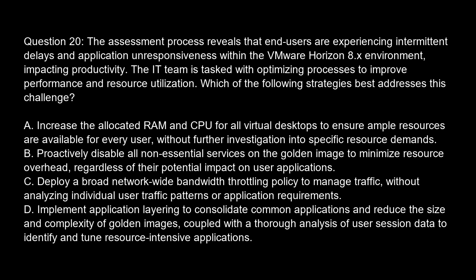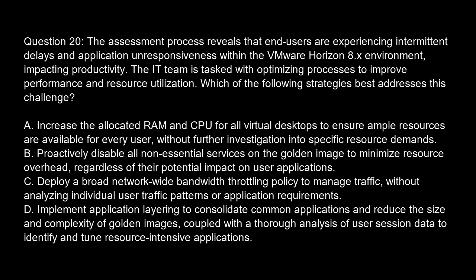Option A. Increase the allocated RAM and CPU for all virtual desktops to ensure ample resources are available for every user, without further investigation into specific resource demands. Option B. Proactively disable all non-essential services on the golden image to minimize resource overhead, regardless of their potential impact on user applications.